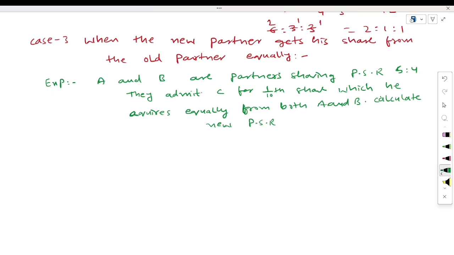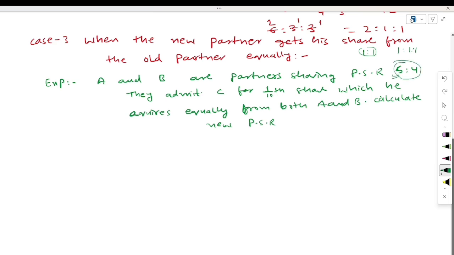The third case is when the new partner gets his share from the old partners equally, in the sense in equal ratio. If there are two partners it means 1 ratio 1, if there are three partners it means 1 ratio 1 ratio 1, like this. Here is an example. With the help of this example we will understand. A and B are partners sharing profits and losses in the ratio of 5 ratio 4.